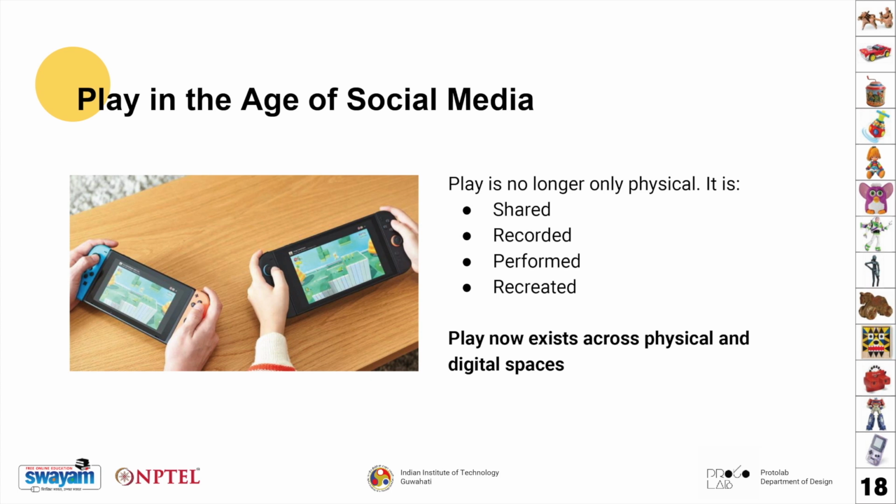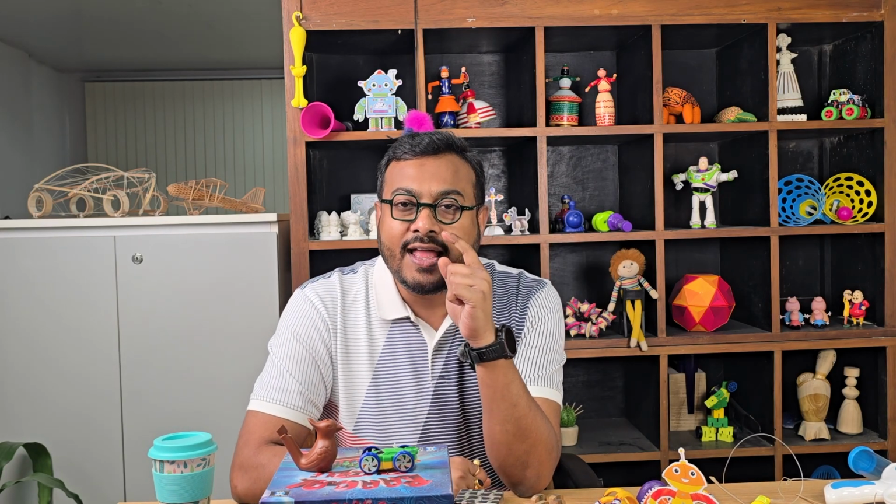This transforms play from a private activity into a shared and performative one. Research on social play ecosystems suggests that toys now exist within a broader network that includes digital platforms, media content, and social interaction. Play becomes something that is observed, imitated, and circulated.